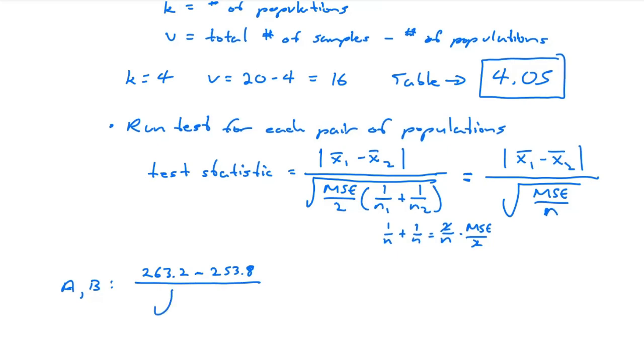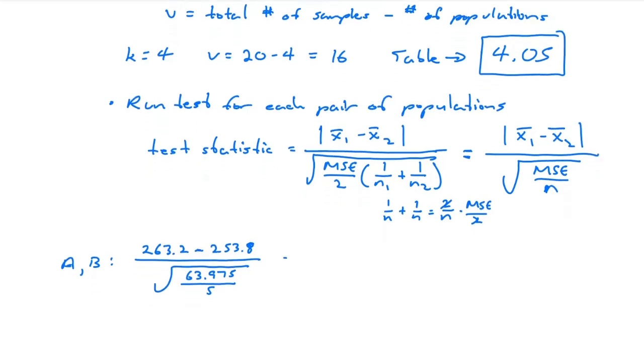So I'm going to take 263.2 minus 253.8 divided by the square root. Again, that MSE was 63.975 divided by, in this case, the 5 in our sample size per population. That gives us a value of 2.63. And what we do now is compare that number to 4.05.